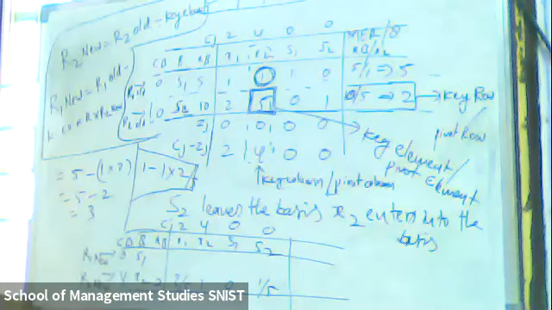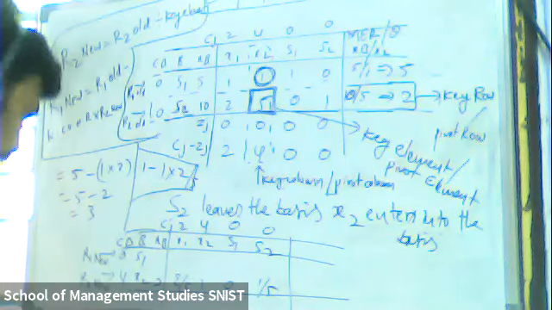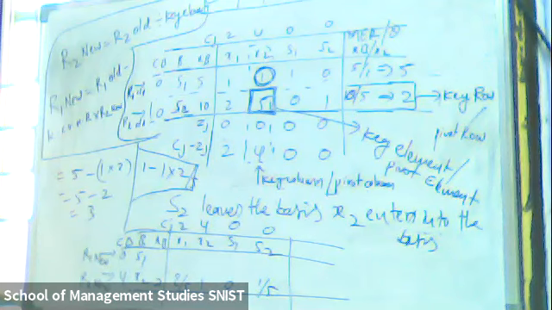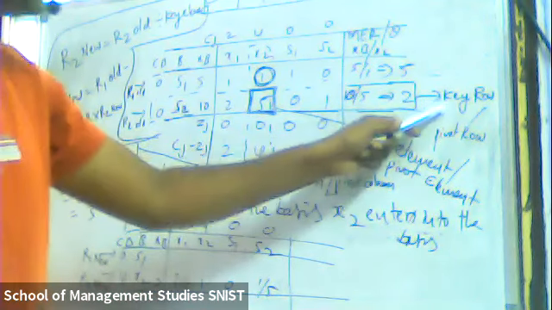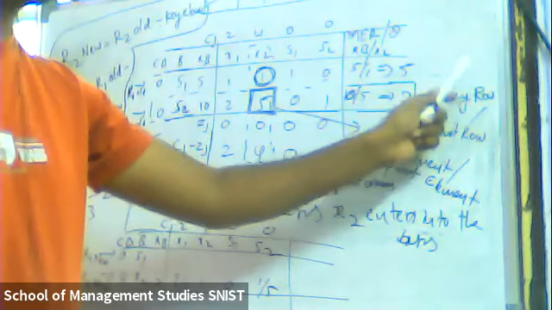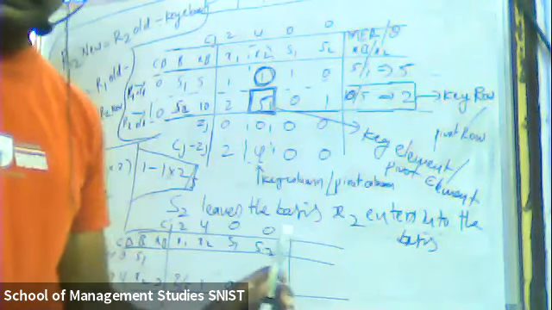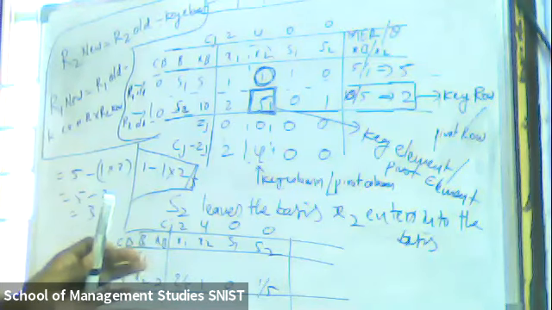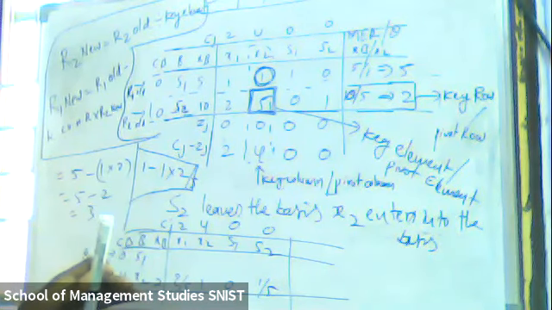Now any one of you can please tell me, suppose rather than this key row or pivot row, I got this. Are you following? Yes, sir.